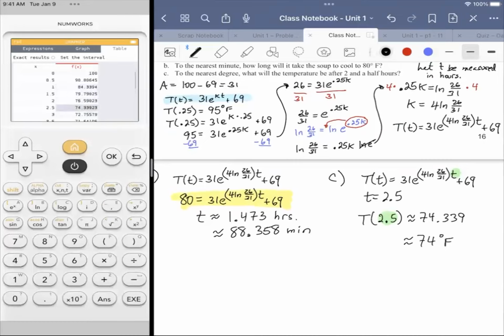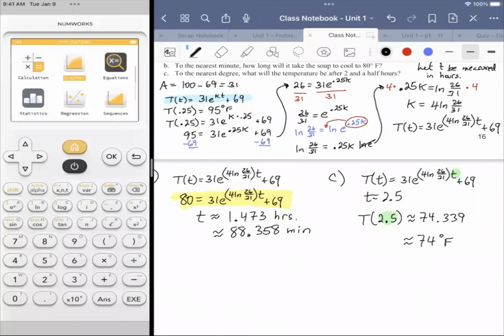So around 2.5 hours, I guess it makes sense. It's not something that necessarily is as relatable, except to say as time passes, the temperature is going to decrease. I don't know that I would look at it and say, of course, after an hour and a half, it'll be 89 or 88 degrees. After 2.5 hours, it'll be in the mid 70s. That part isn't as relatable, but the idea that it is decreasing in temperature should be somewhat relatable.